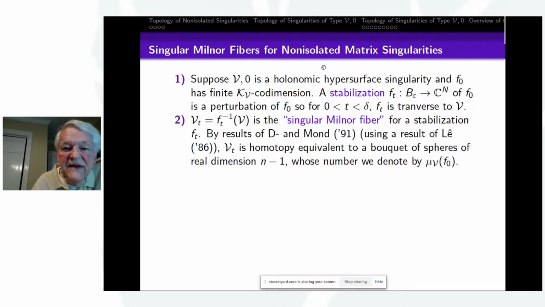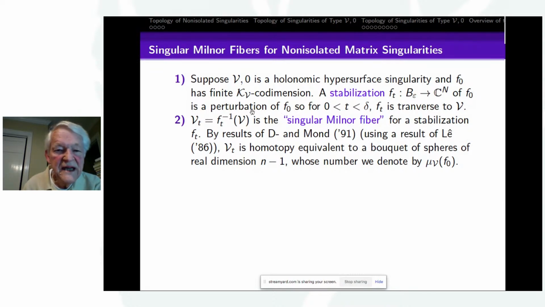In this case, if we have a hypersurface, the inverse image of V itself is going to be a hypersurface, and the inverse image of V under this perturbation is going to be the analog of a Milnor fiber. It's like a singular Milnor fiber for the stabilization.